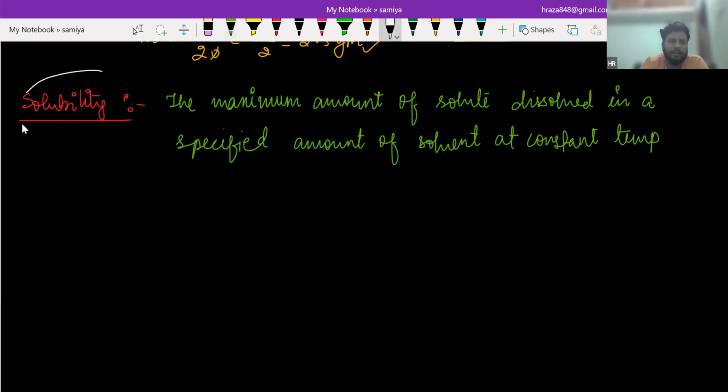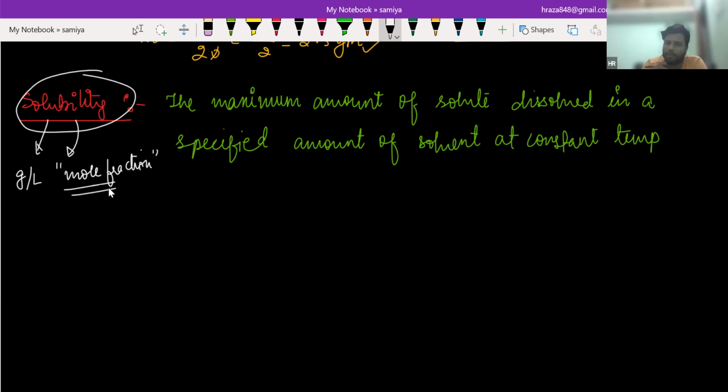Solubility can be expressed in different parameters like gram per liter or kg per liter. But in Henry's law, it is defined in terms of mole fraction. So we will talk about it when I start teaching Henry's law. Solubility can also be defined in terms of mole fraction. So this is solubility: the maximum amount of solute that is soluble in a specified amount of solvent is called solubility.